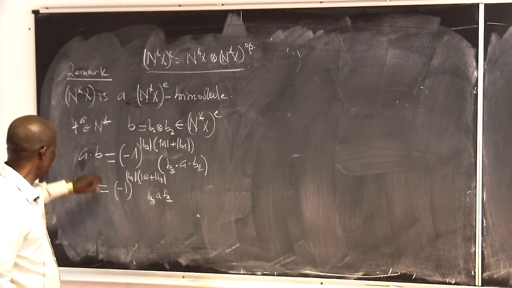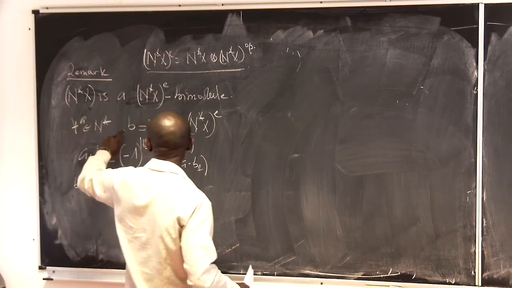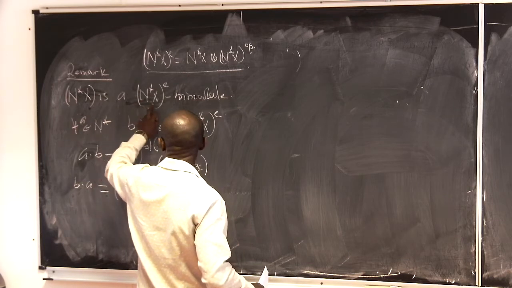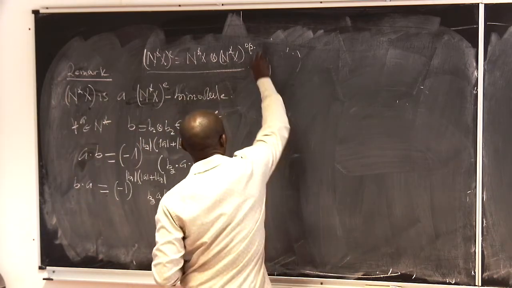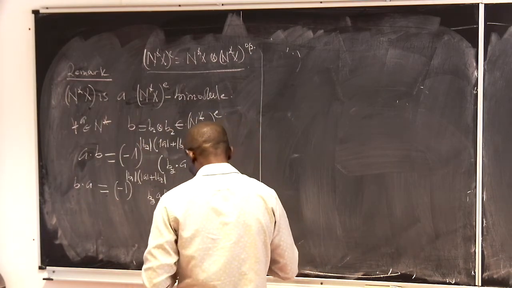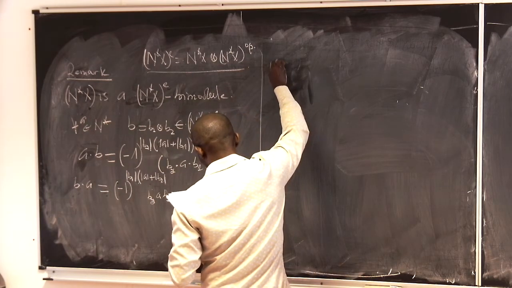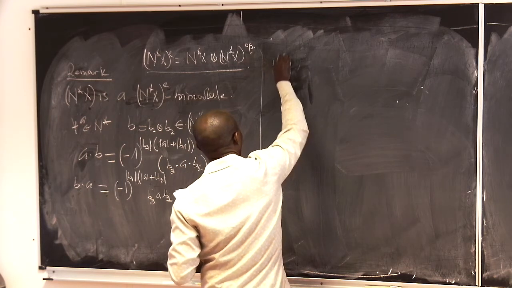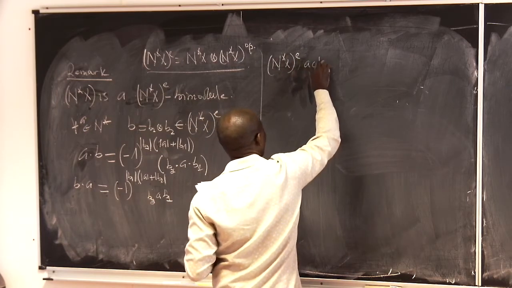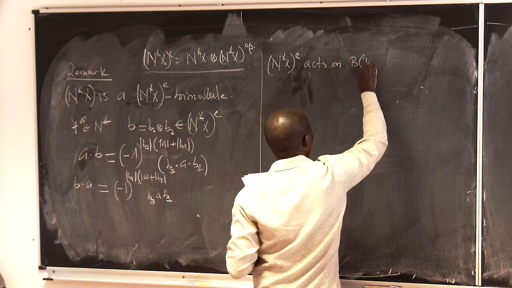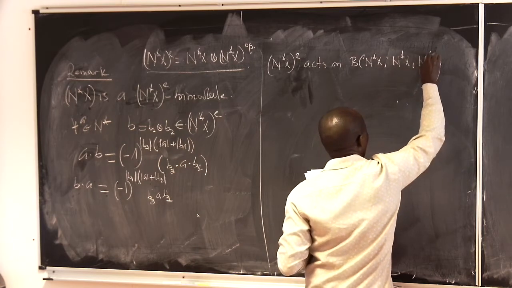One can verify easily that these two relations define the structure of a bimodule on N star x E. On the other hand, we also have that this enveloping algebra N star x acts on the bar construction of Nx with coefficient in Nx as follows.